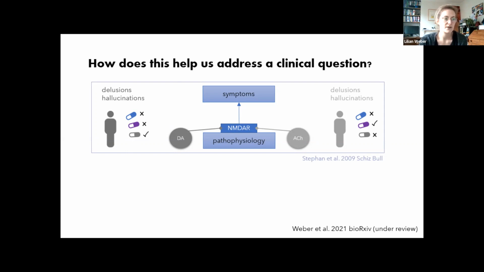And in fact, there's evidence for a subgroup of patients who show reduced availability of muscarinic M1 receptors in some parts of their brain. So this would potentially be a helpful axis to distinguish.